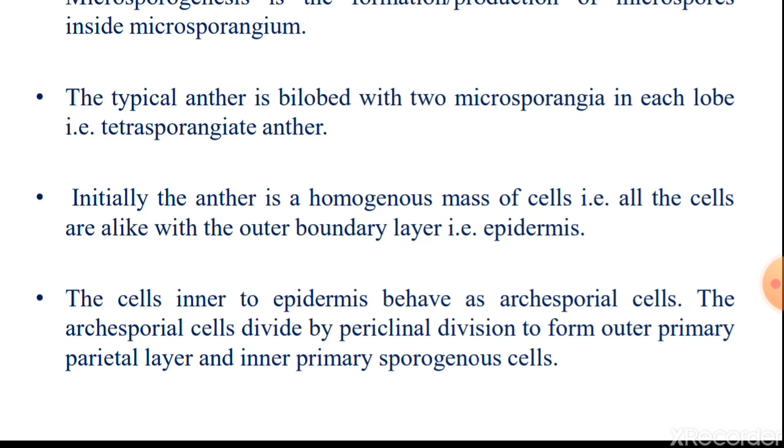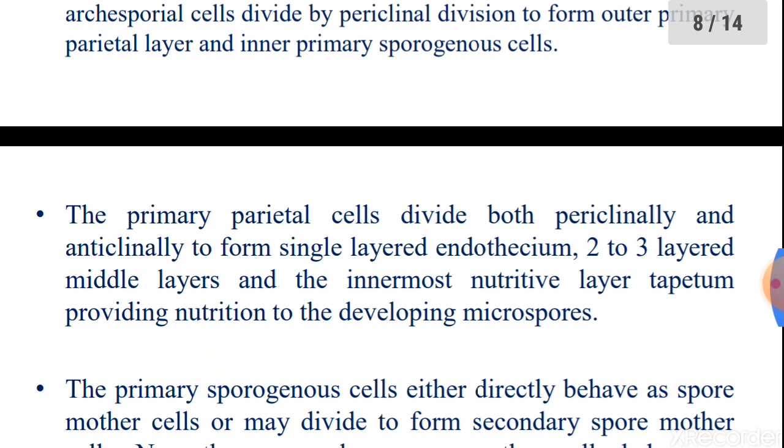So here the periclinal division of the archisporial cells results in the formation of an outer primary parietal layer and inner primary sporogenous cells.